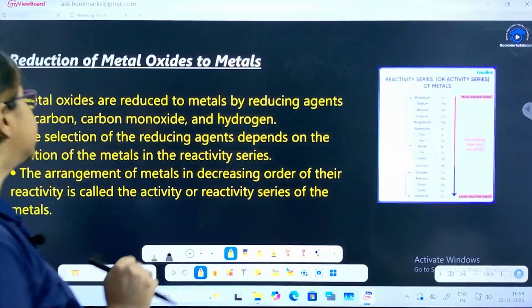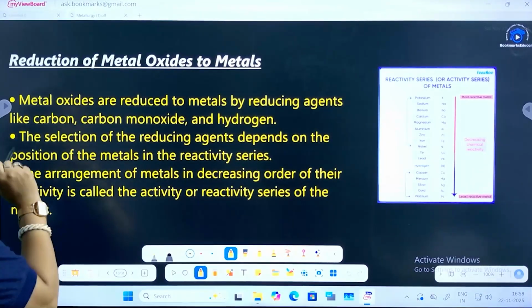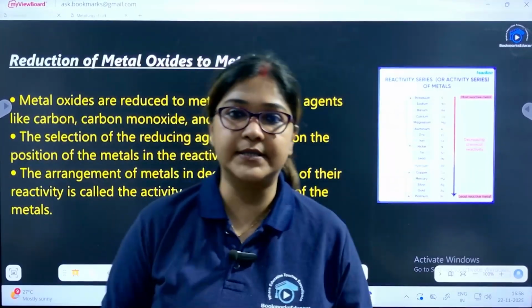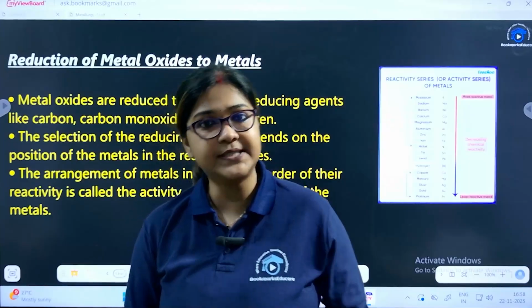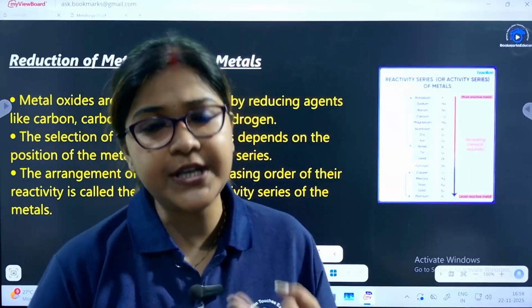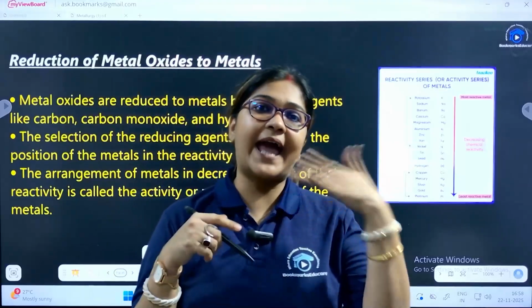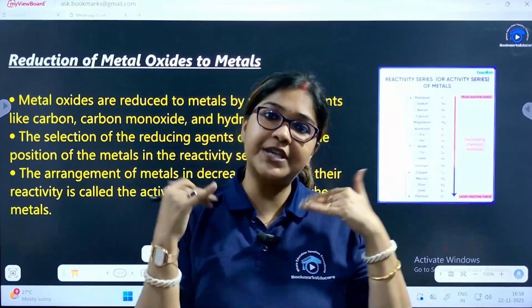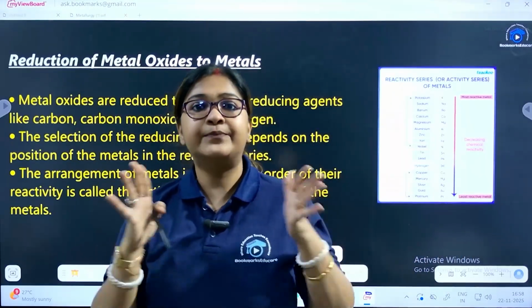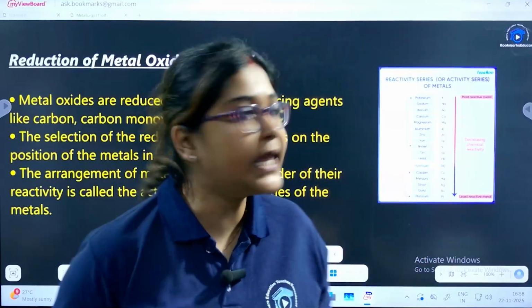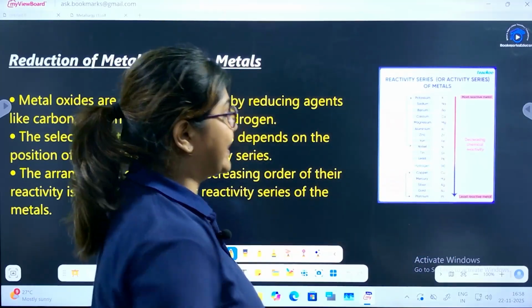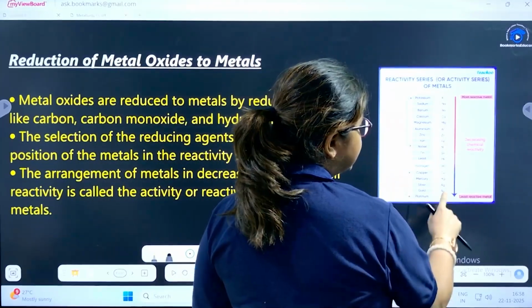Here, metal oxides are reduced to metals by different reducing agents like carbon, hydrogen and carbon monoxide. But which reducing agent you have to choose will depend solely upon the position of the metal in the activity series.